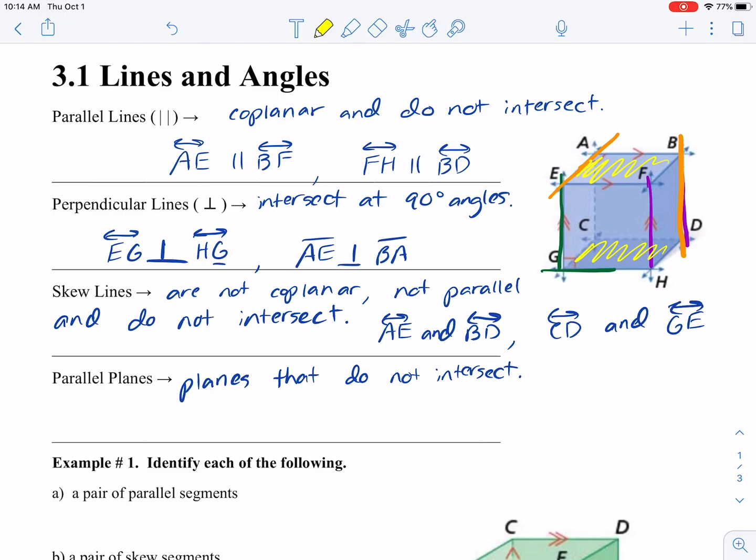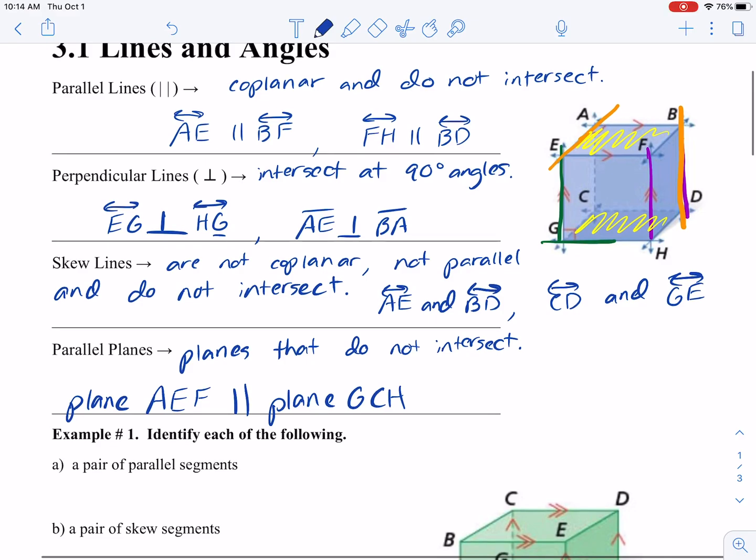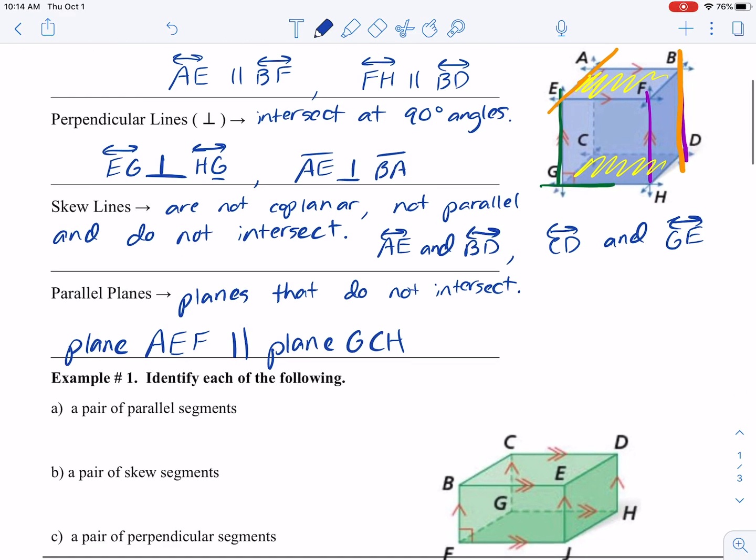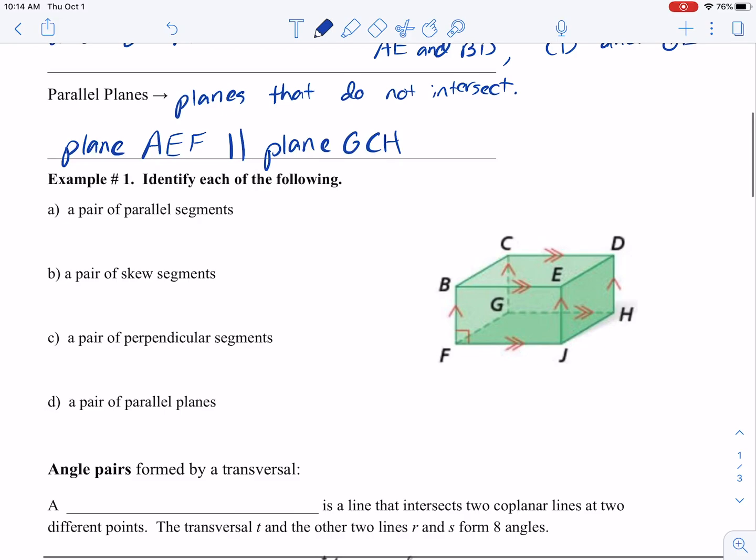When we're naming parallel planes, remember any 3 points that are not collinear. So plane AEF, the top part of this cube, is parallel to plane GCH. Any 3 points, and there's only 4 that lie on these planes, so pick 3 of those 4. Great. There's more examples we could have done there, but let's practice some on this figure.